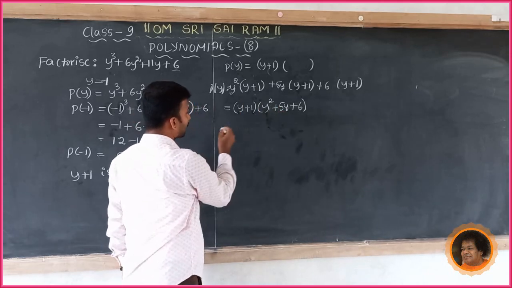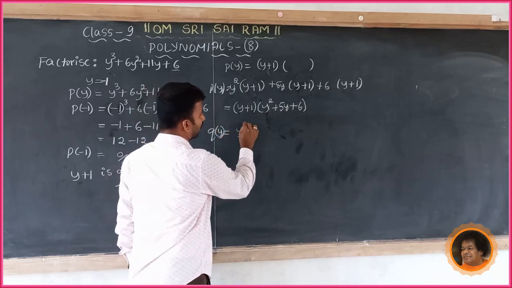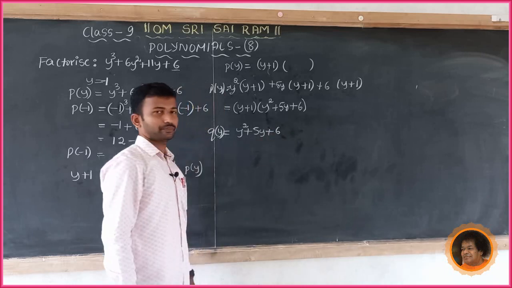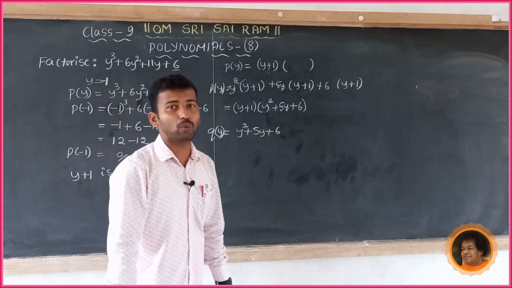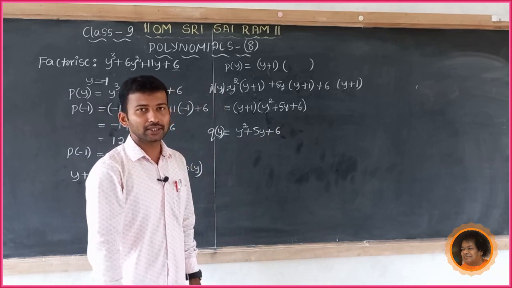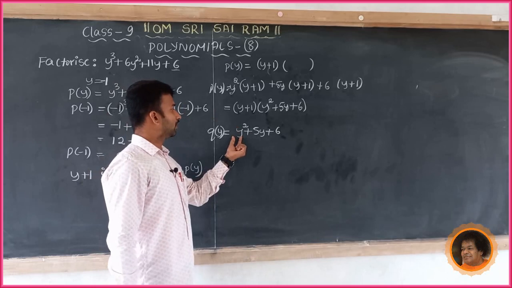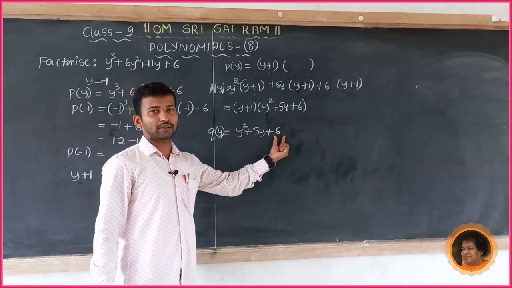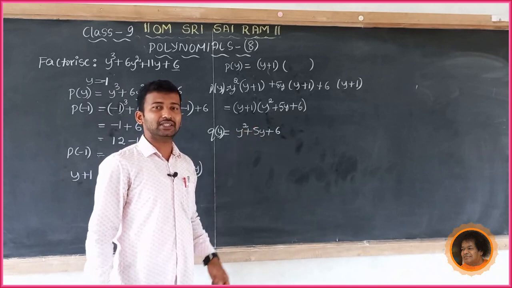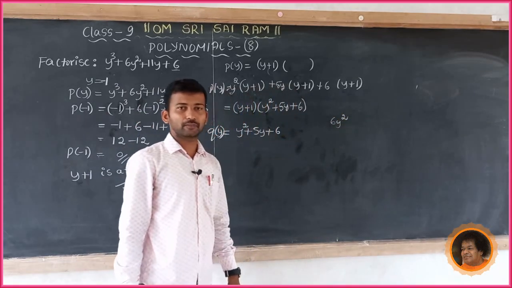So the quadratic polynomial q of y is equal to y square plus 5y plus 6. What are the steps involved in the factorization of a quadratic polynomial? Yes, the first step is to find the product of the first and last term. What is the product of first and last? That is 6y square.